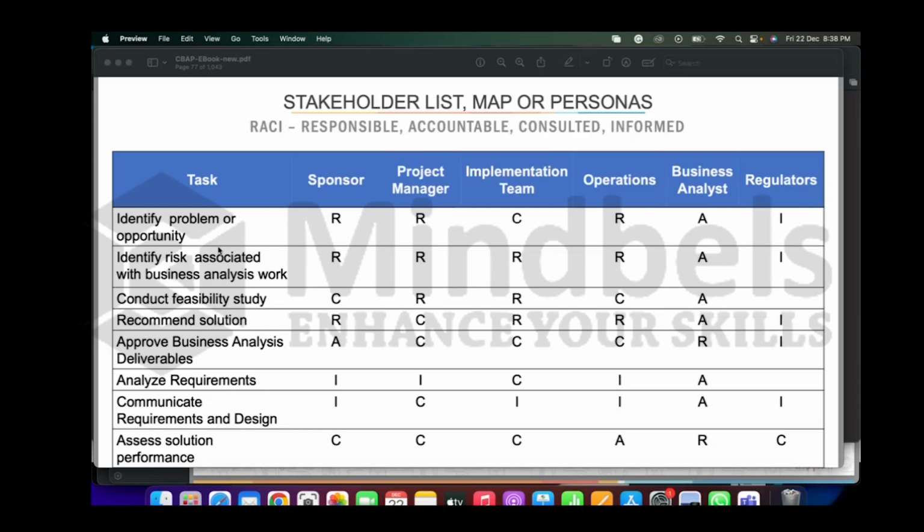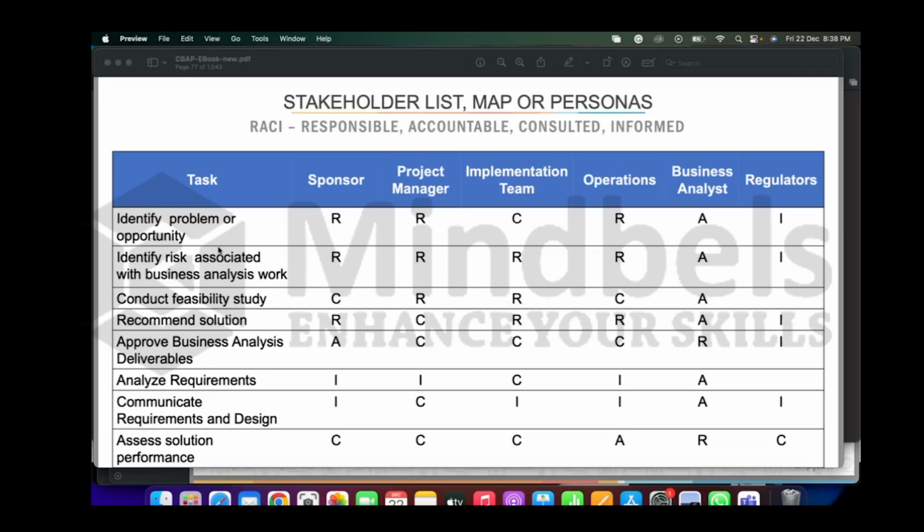So now, can you identify the problem or opportunity? Who is going to fall under what category in the RACI matrix? If you see sponsor, project manager, operations, they are responsible for this task.